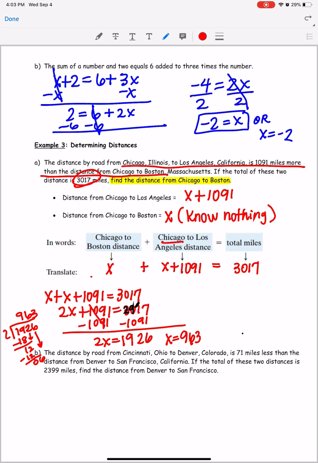So we can write something like, there are 963 miles from Chicago to Boston.